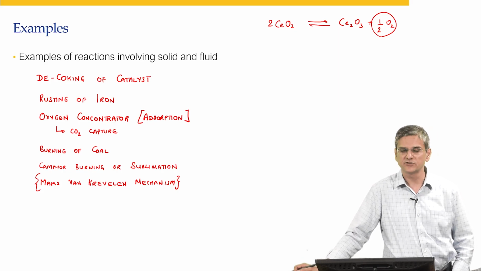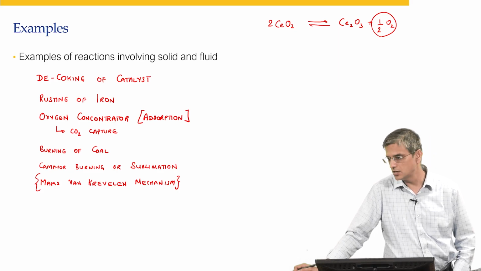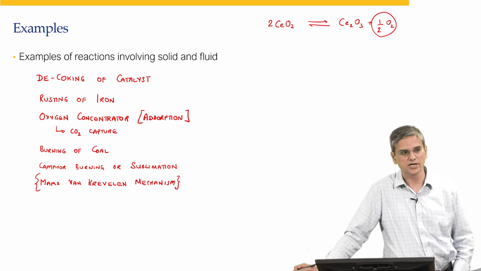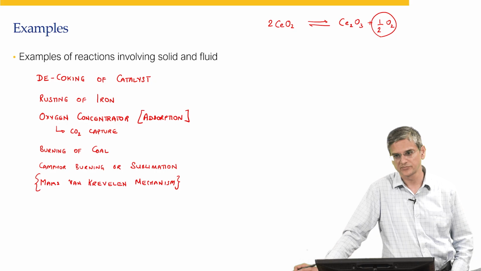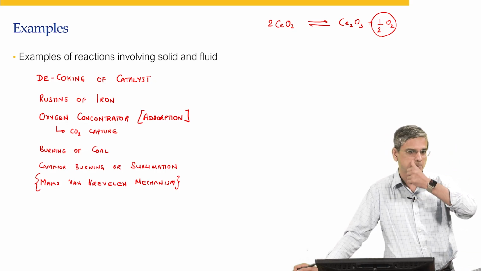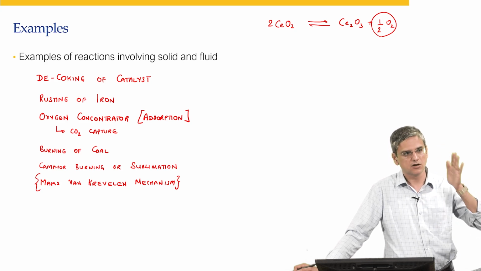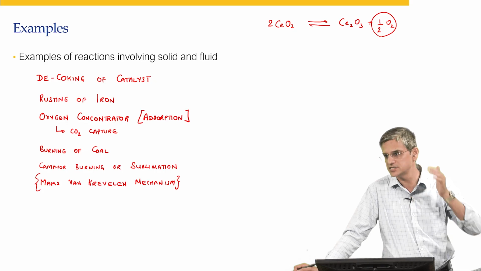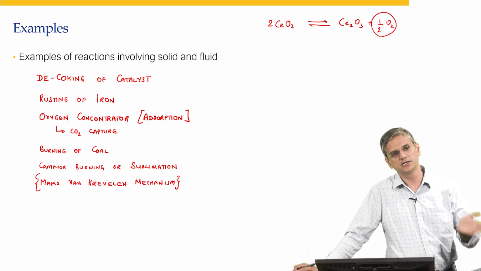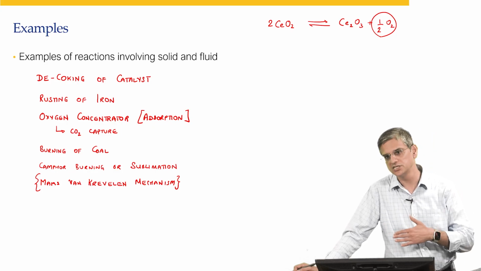There are several catalysts like these, and they are very useful in reactions called chemical looping reactions. What happens in chemical looping is you will have a reduction cycle followed by an oxidation cycle. So you will have oxidized ceria reacting, let's say, with carbon monoxide to give CO2, and in the next cycle you will have Ce2O3 plus oxygen giving CeO2.